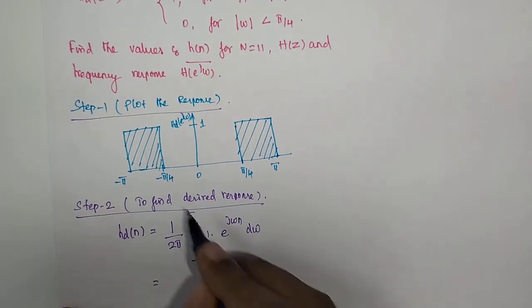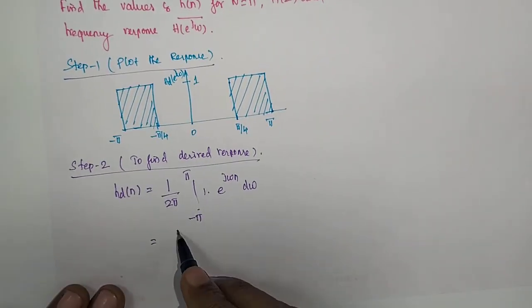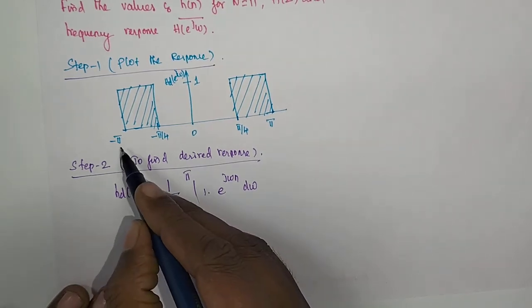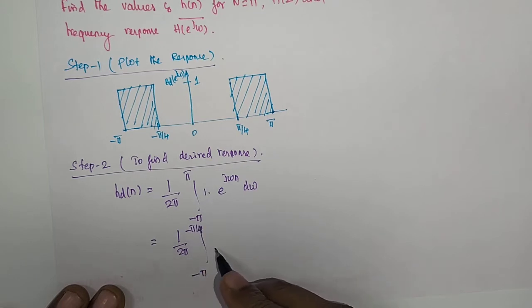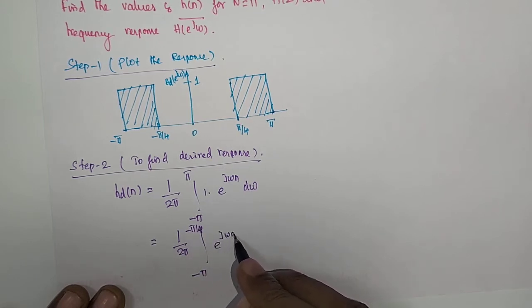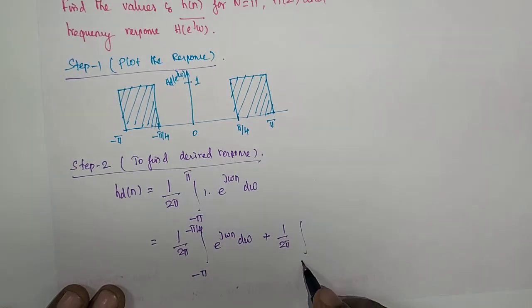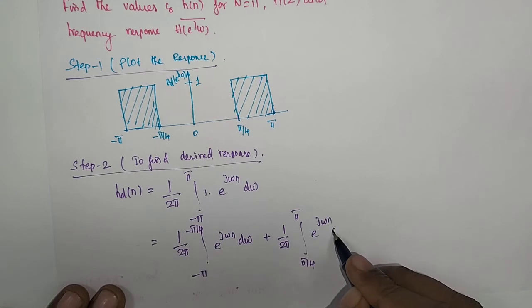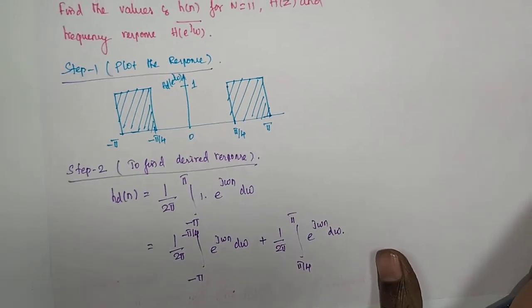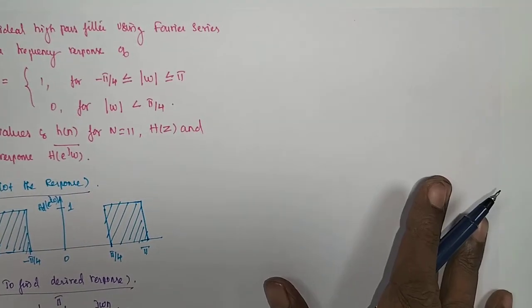From the plot, the integral value is 1 by 2 pi integral from minus pi to minus pi by 4 of e power j omega n d omega, plus 1 by 2 pi integral from pi by 4 to pi of e power j omega n d omega. Next, solve the integral value.